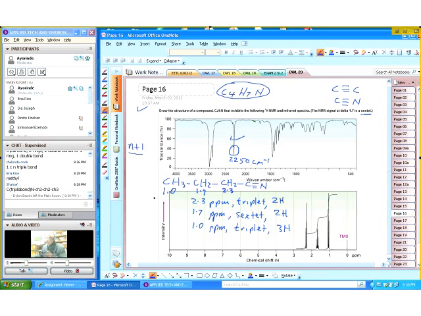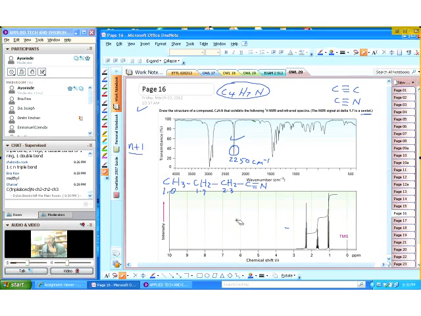And then this one here will be your 2.3. Let me get this out of the way so we don't confuse ourselves. It's a triplet because it is only seeing 2 other hydrogen, and that takes care of everything.